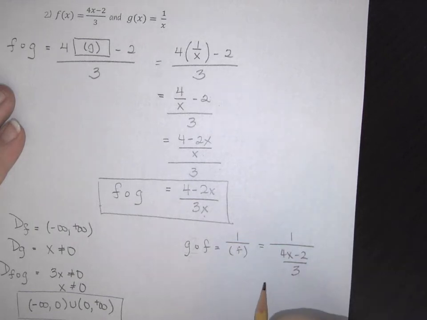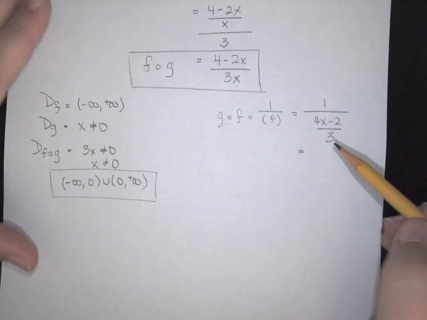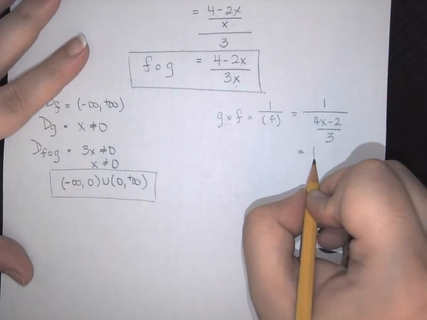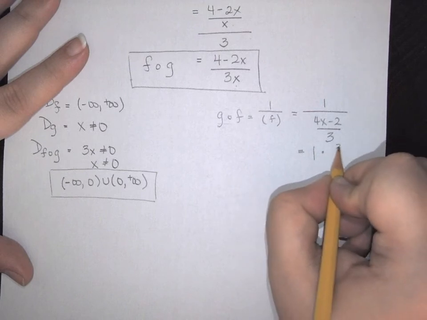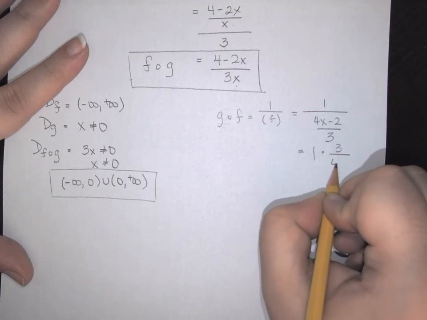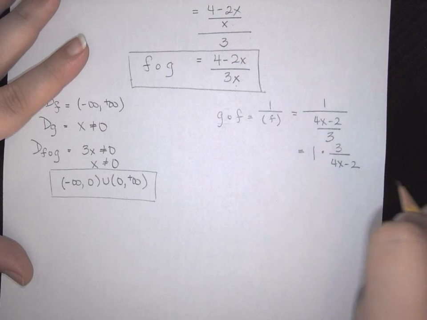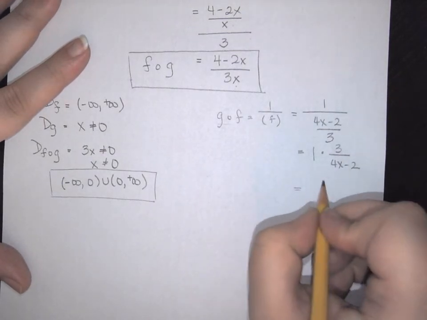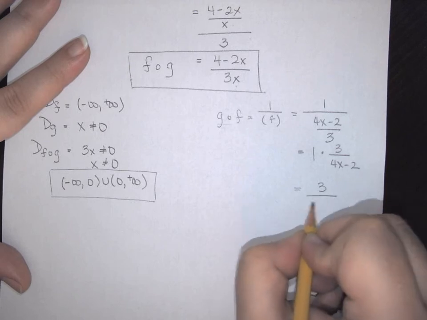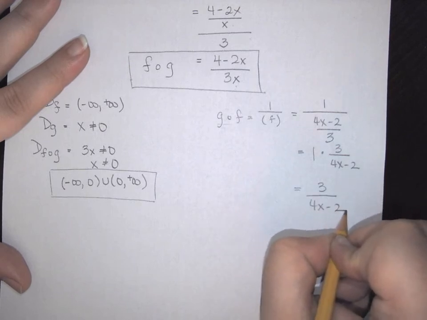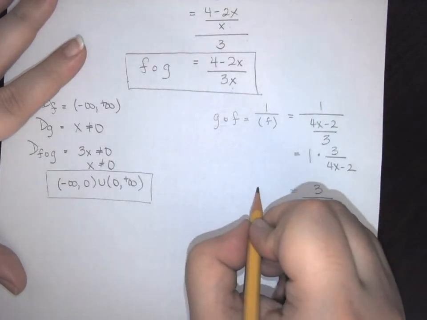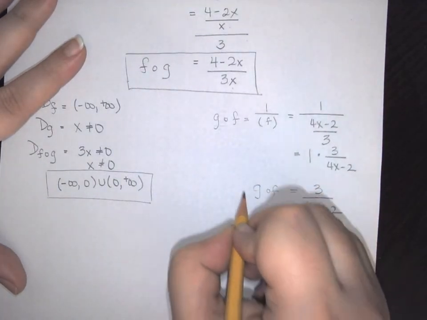So in this case, I'm going to use my fraction rules, which say keep the top and flip the reciprocal of the bottom. So this becomes 1 times 3 over my 4x minus 2. So in this case, we actually have 3 over 4x minus 2. Again, we can look at the domains, but this right here is going to be g of f.